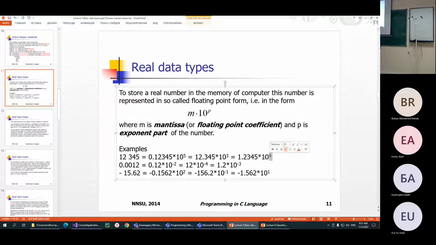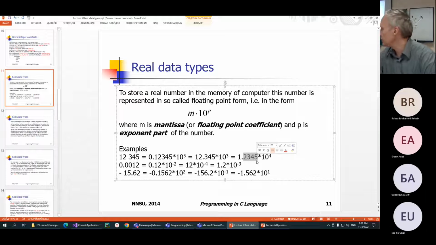We don't need to store 10, just the mantissa and power. Any real number is represented by these two values, mantissa and power. And a particular real data type is fully described by the number of digits after the decimal point in the mantissa and the number of digits in the power.